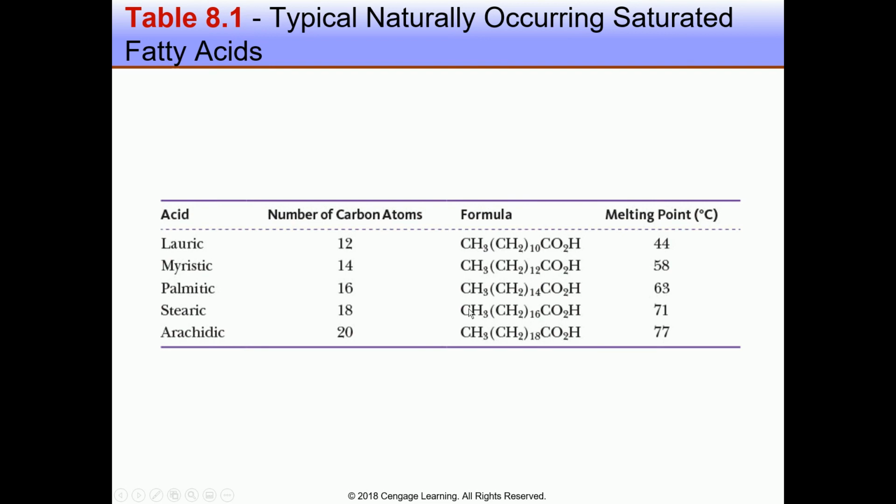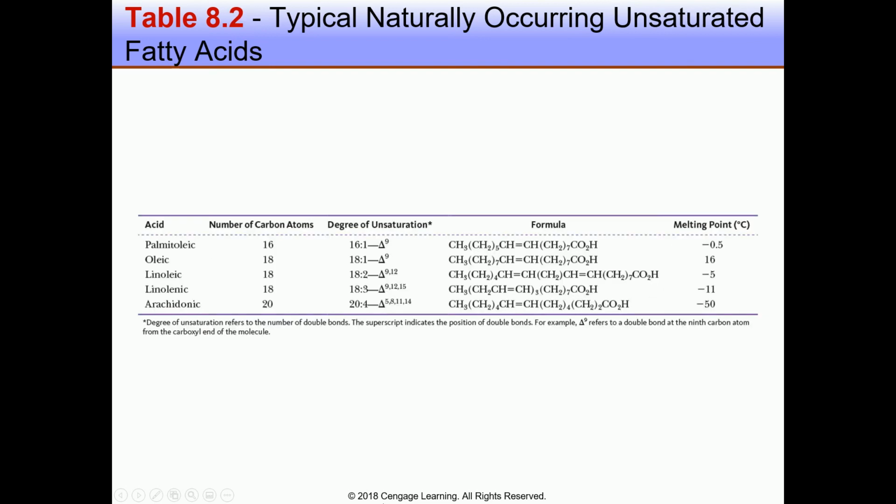And here are some of the examples of unsaturated fatty acids. So here is oleic acid, this is linoleic acid, then this is palmitoleic acid, and this tells us how many carbons they have. Like oleic acid has 18 carbons, linoleic acid also has 18 carbons, and this tells us basically oleic acid has 18 carbons and it has one double bond.